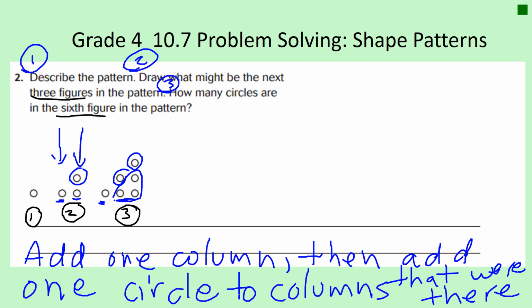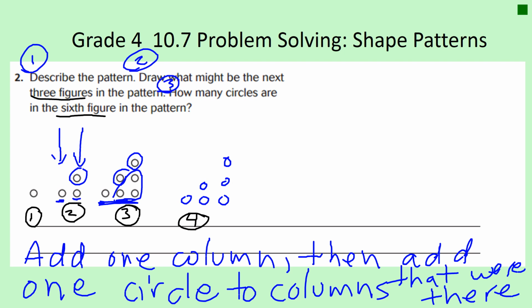Number 2, draw what might be the next 3 figures in the pattern. Okay, so here's figure 4. So what was already there? Let's start with that. 3 on the bottom, and then, of course, that's what was already there.